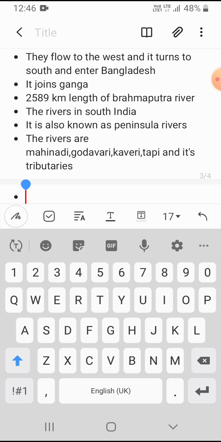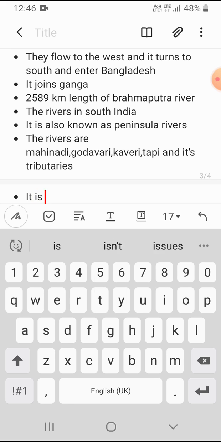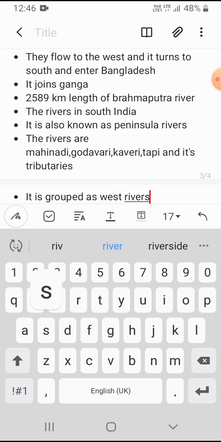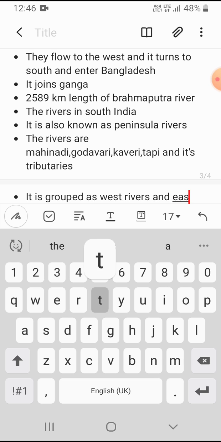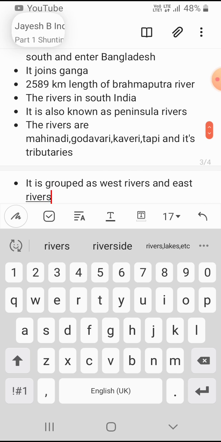But after that it is grouped as west flowing rivers and east flowing rivers.